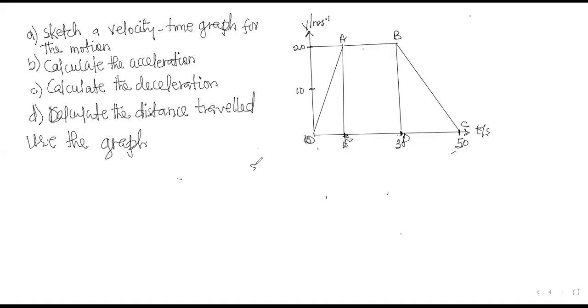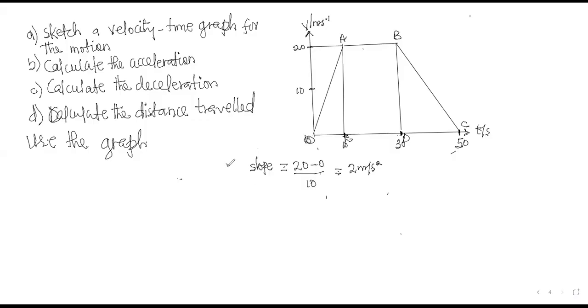So the slope is equal to the change in the vertical, 20 minus 0, over 10. And this is equal to 2 meters per second squared for A.